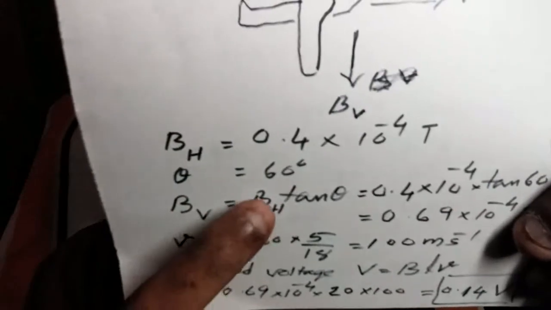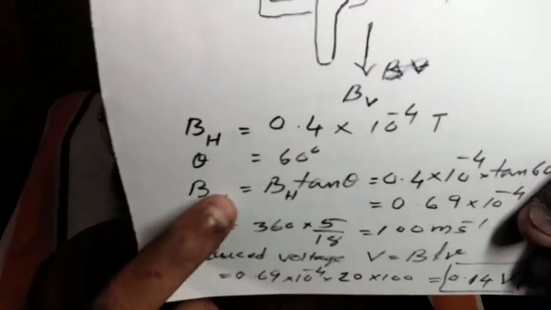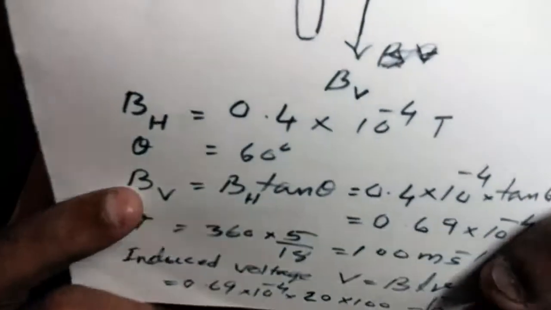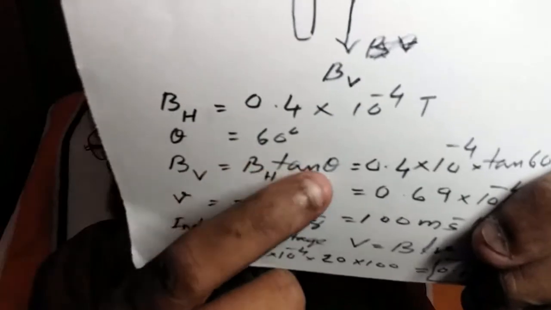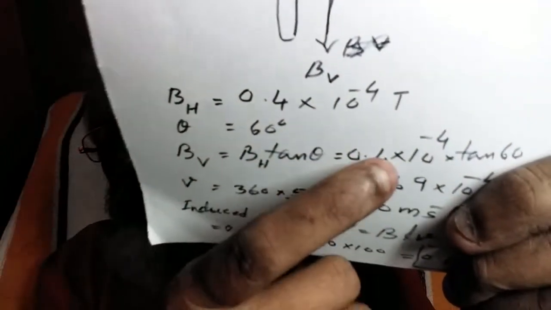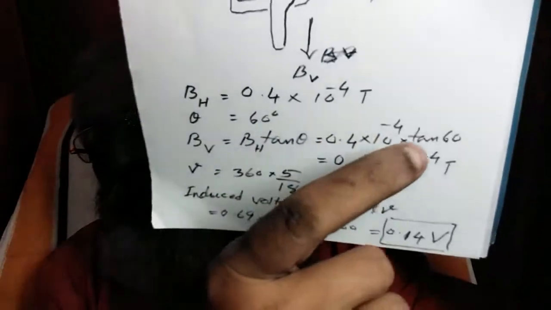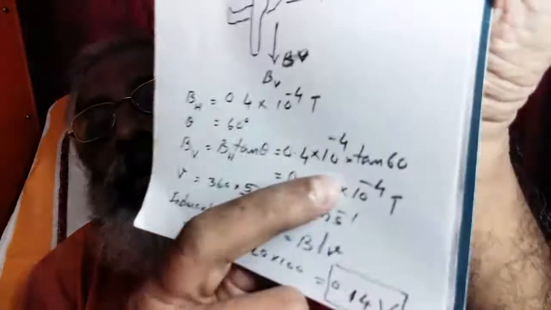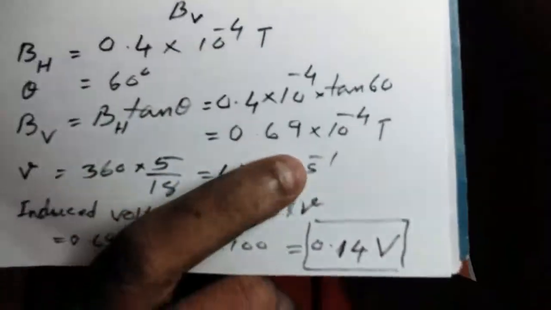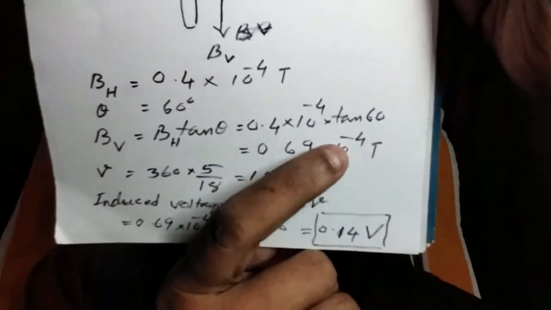BV equals BH into tan theta. I have given 4 relations connecting Earth's magnetic field. One of them is BV equals BH tan theta. That is 0.4 into 10 raised to minus 4 into tan 60 degree. Here the answer is 0.69 into 10 raised to minus 4 Tesla.